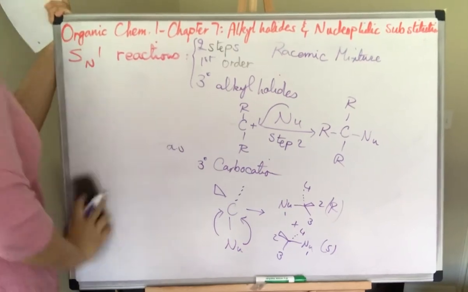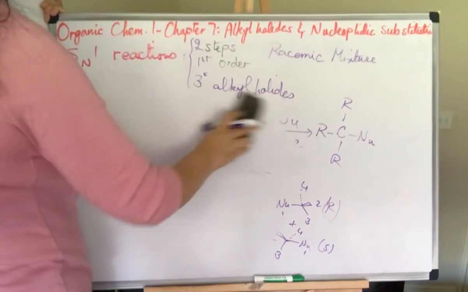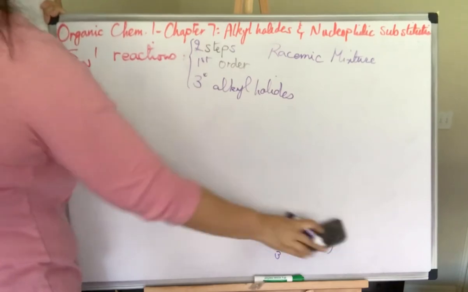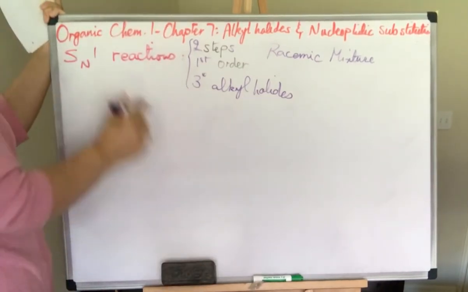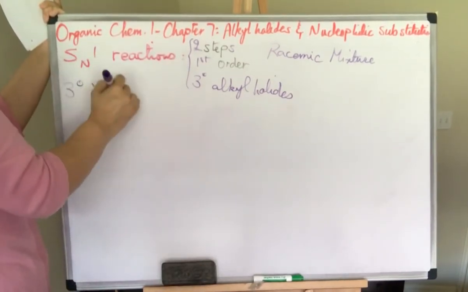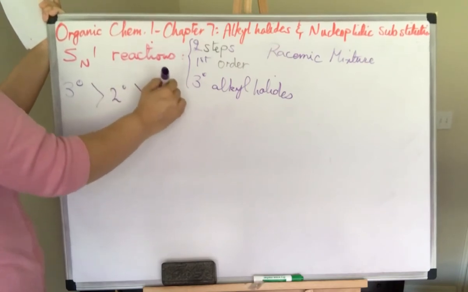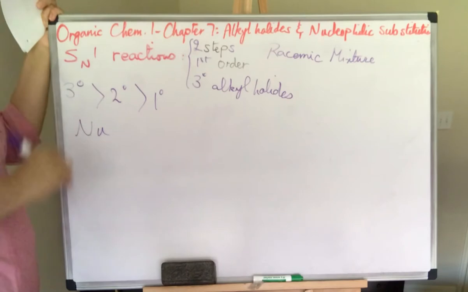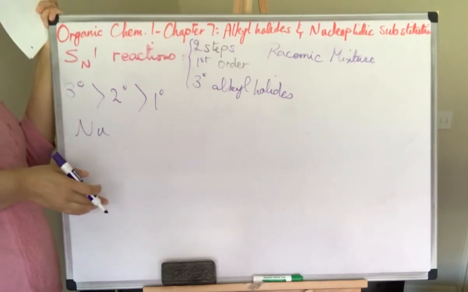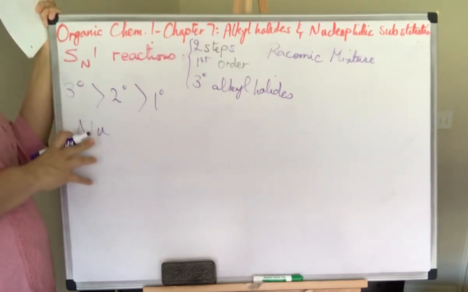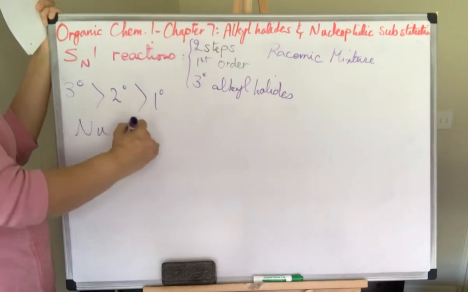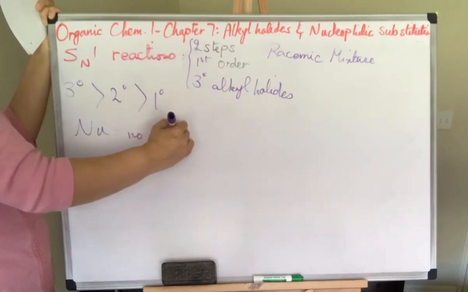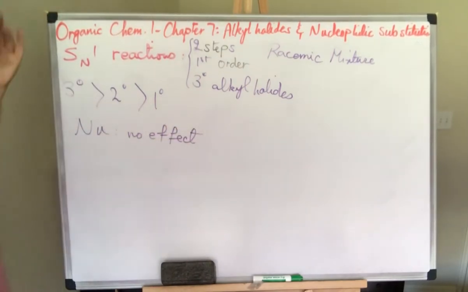The factors that affect the SN1 reaction: we said tertiary alkyl halides are much better than secondary and primary. As far as the nucleophile, because the slow step of the reaction includes only the alkyl halide, the type of nucleophile does not have that much effect.